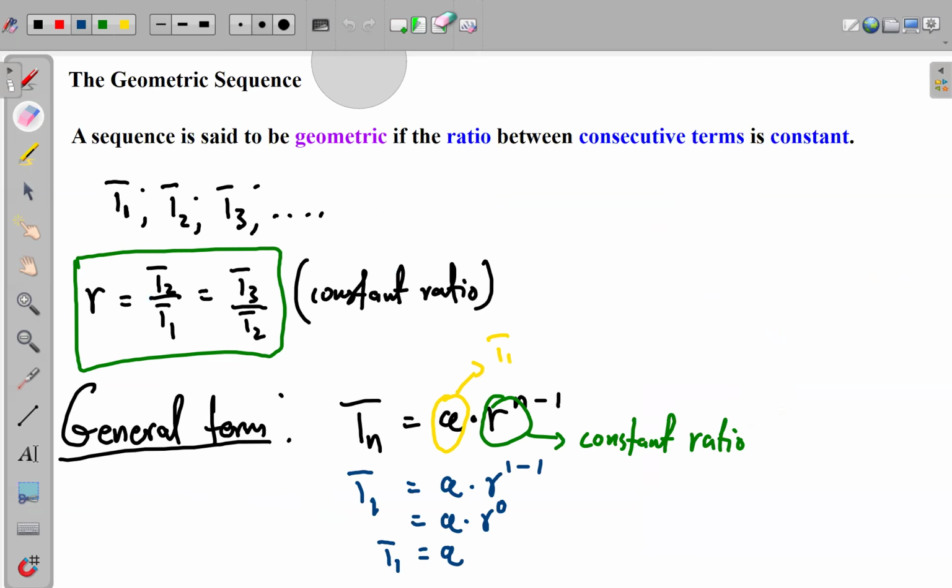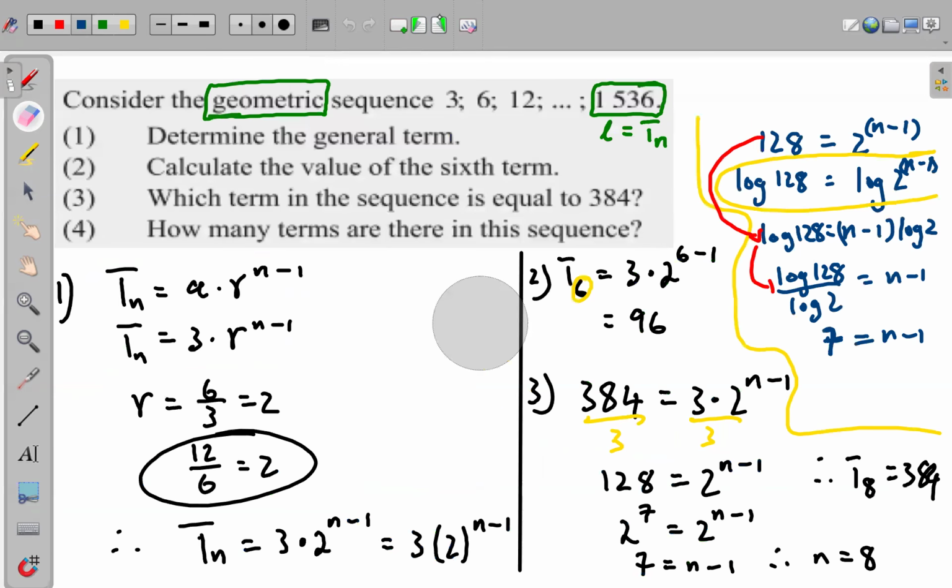We saw this with arithmetic again, that T1 is A. Then R is the constant ratio which you get by dividing two consecutive terms. Okay, term 2 divided by term 1, term 3 divided by term 2, and so forth. That is your constant ratio. With the arithmetic sequence, we deal with the constant difference. And of course, we revised the quadratic sequence from grade 11. And we know there we deal with the second constant difference.